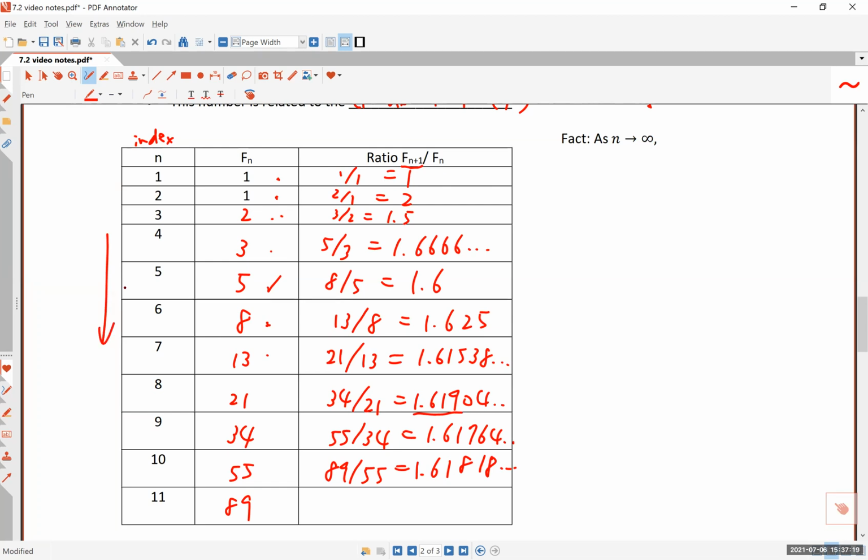And the index number gets bigger and bigger. As n goes to infinity, the ratio of two consecutive, meaning back to back, Fibonacci numbers, let me go ahead and write this.